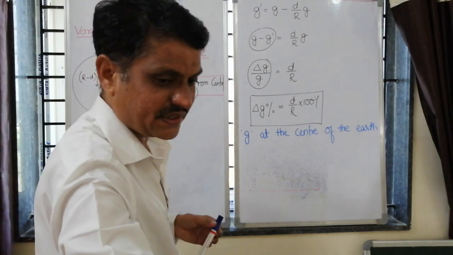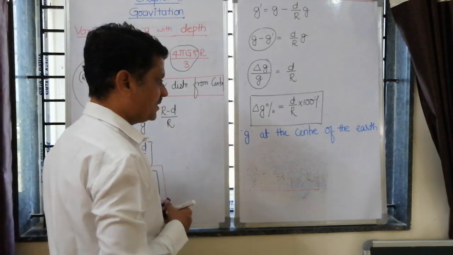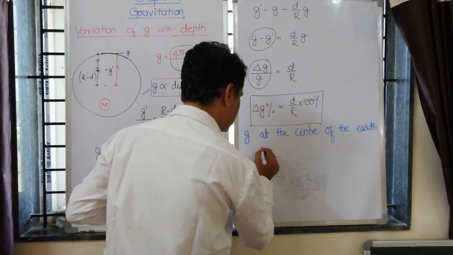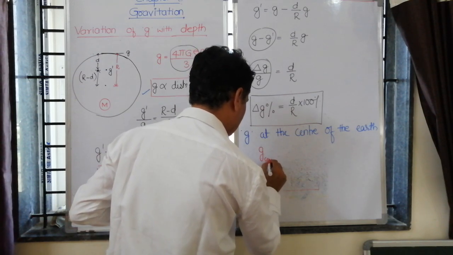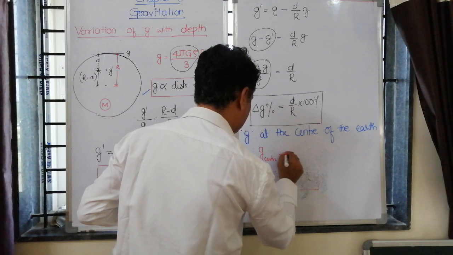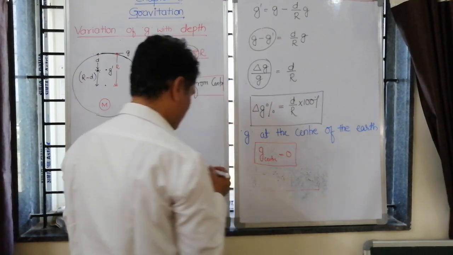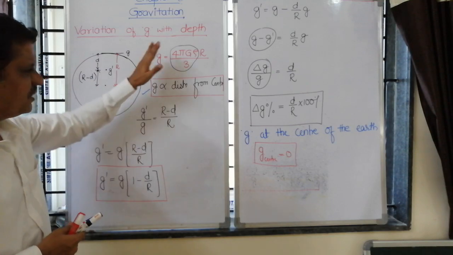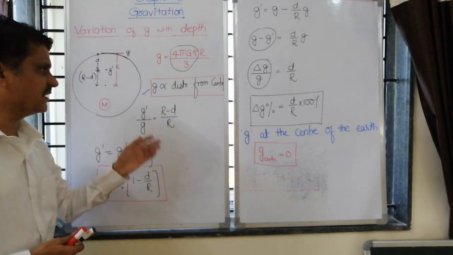Therefore directly you can say the acceleration due to gravity at the center of the earth is 0. That is, g at the center of the earth is 0. Okay, so based on this, we have 1 or 2 questions that we will take in the next hour.